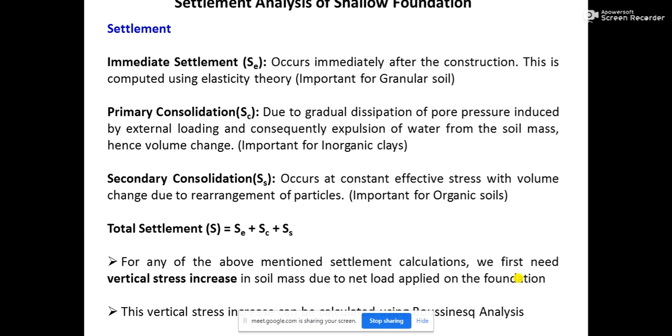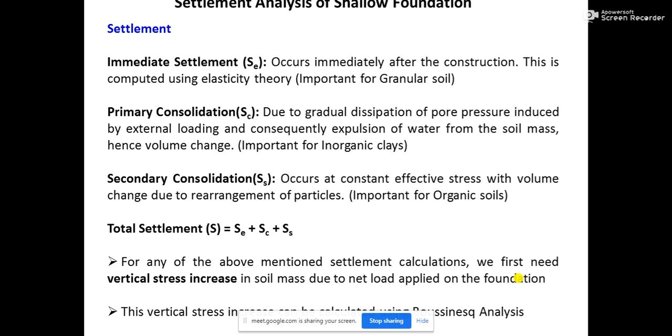Second is primary consolidation, which we have discussed in detail, for normally consolidated clay as well as over consolidated clay. So you now understand what primary consolidation is. Basically, it is the gradual dissipation of the pore water pressure induced by external loading.